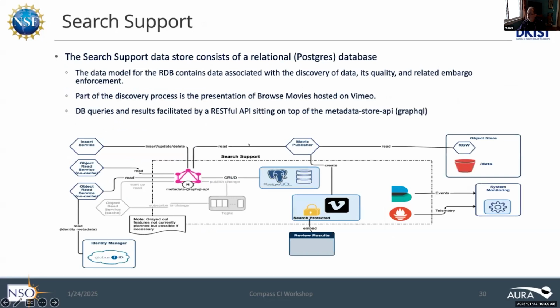Search support, it's a relational database in Postgres. It is strictly used for discovery of data, its quality, and any related embargo enforcement. As I said, PIs have a 6 months grace period where they have exclusive access to the data, after which everybody has access to it.